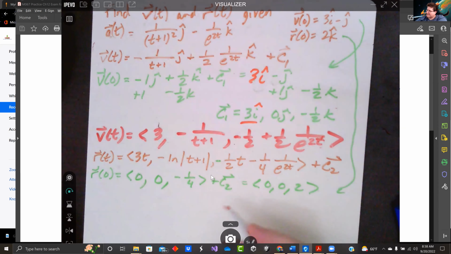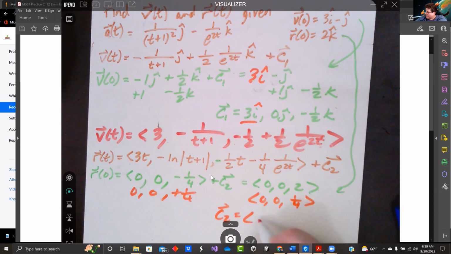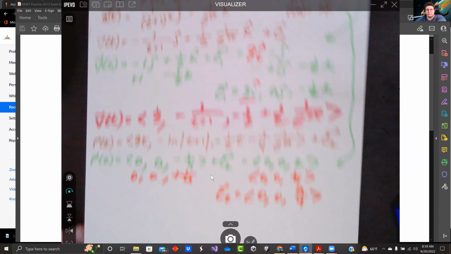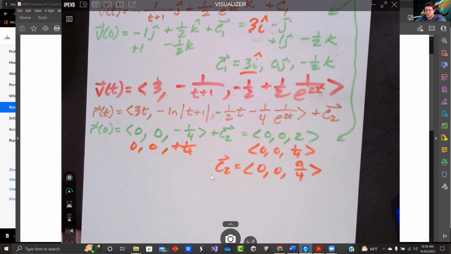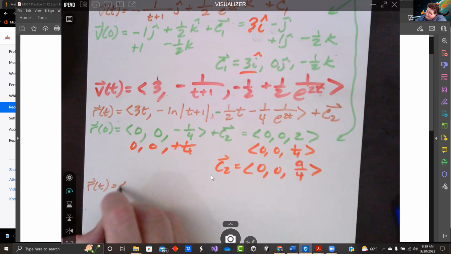All right, so we find C2, we do the opposite of this to both sides. And we get C2 equals 0, 0, and 2 1/4 is 9/4. So finally, R of T is 3T.